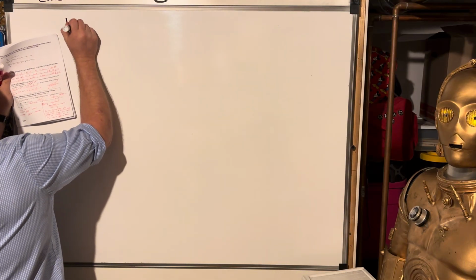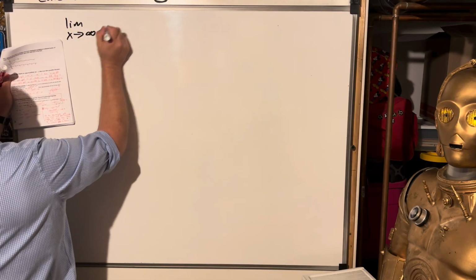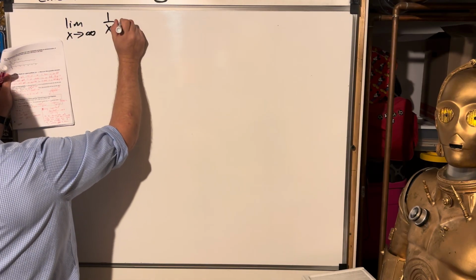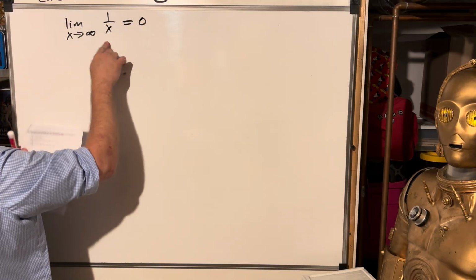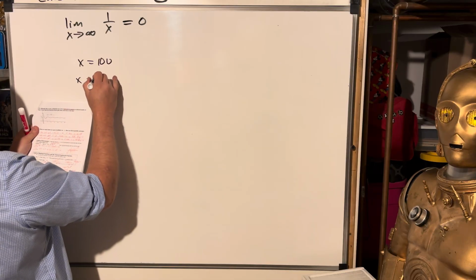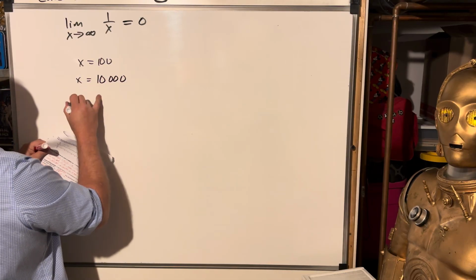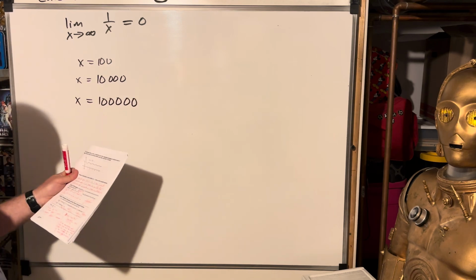So the limit as x approaches infinity of 1 over x equals 0. Because think of it, if I just did, okay, x is 100, x is 10,000, x is 1 million. What's happening?